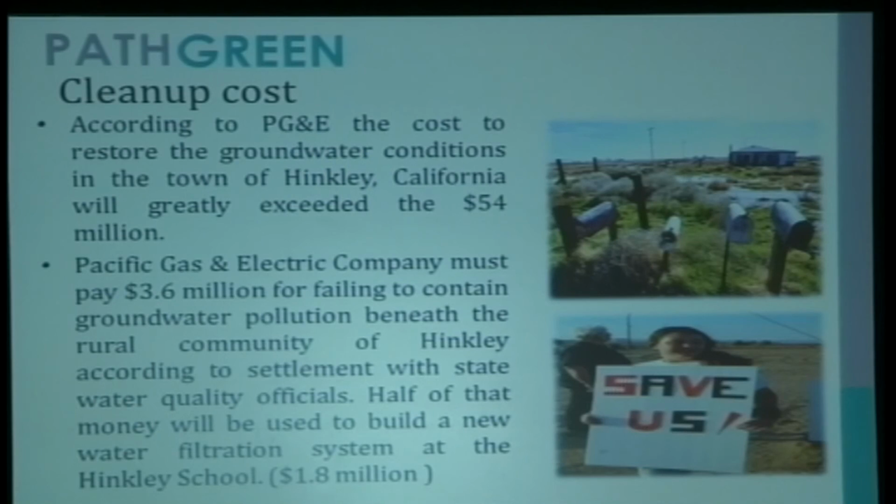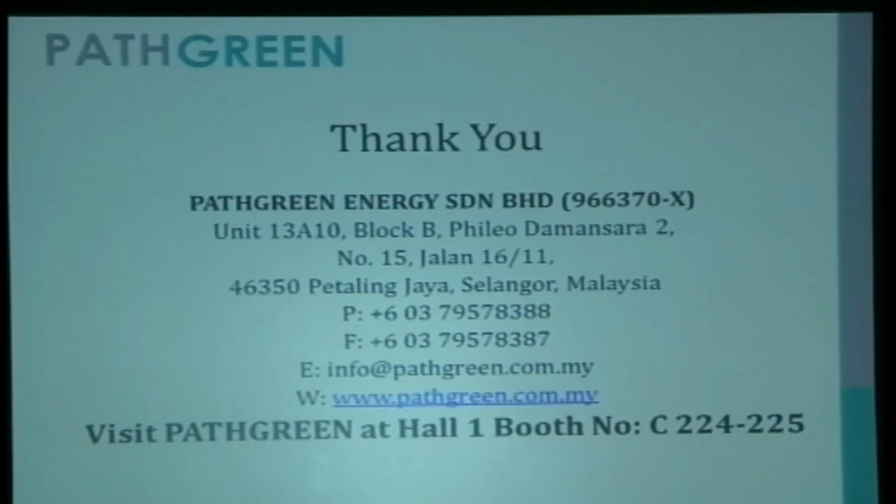And yes, the results came back that they were polluting a lot of chemicals into the water resources nearby. So they had to pay for the cleanup. They paid about 3.6 million for rectifying and cleaning the process. Okay. So I guess that's a short share from my presentation.